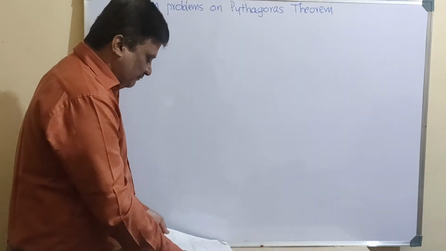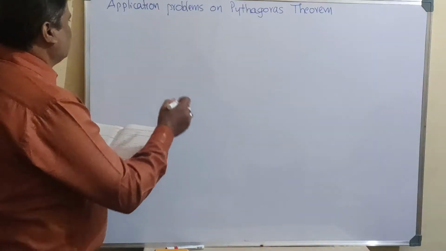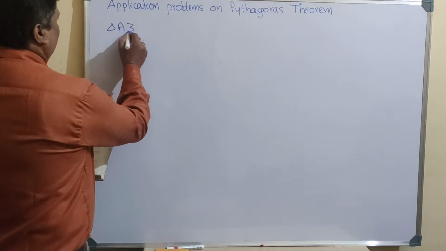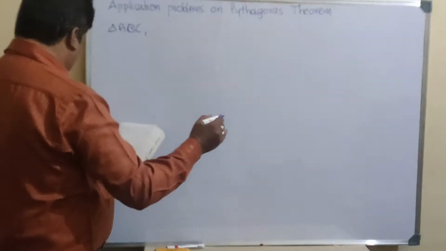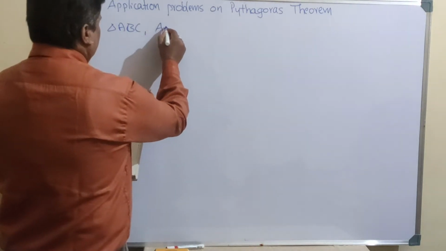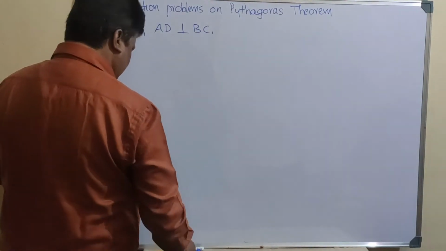The first one goes like this: in triangle ABC, AD is perpendicular to BC.